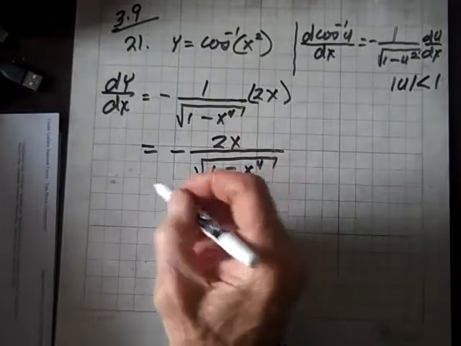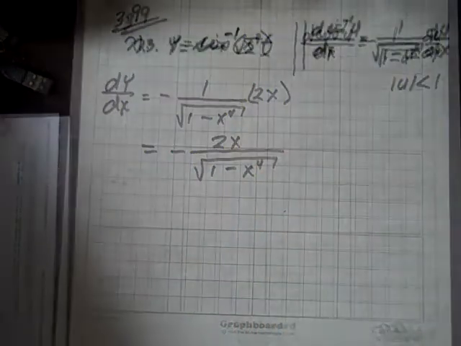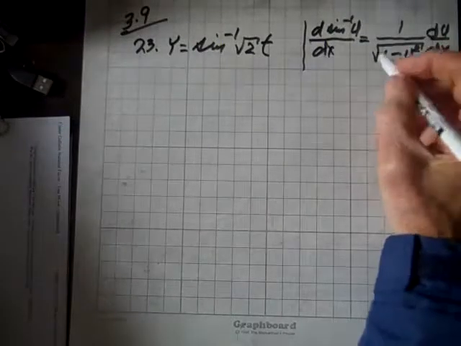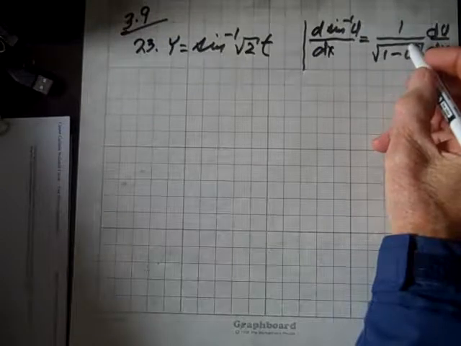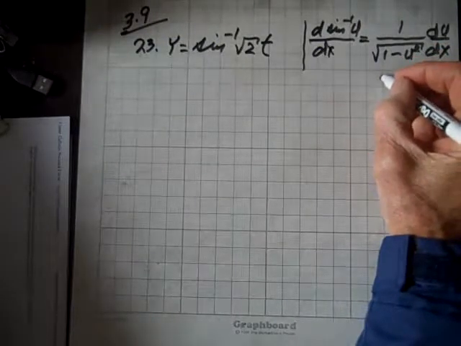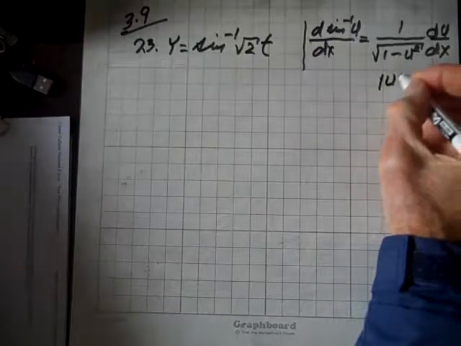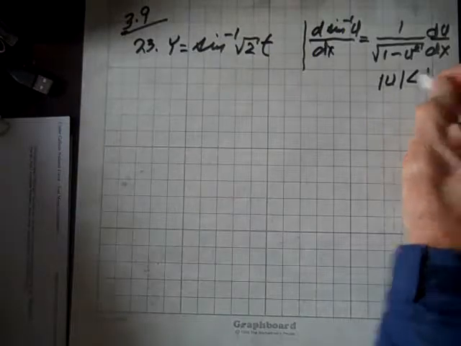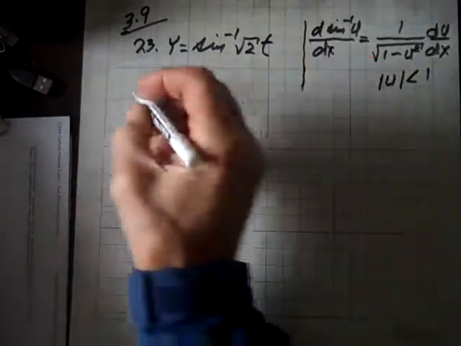Now, well, now we're doing question 23. And by the way, here's the identity for the derivative of the inverse sine function where the absolute value of u is less than 1. And so that's on the previous page.